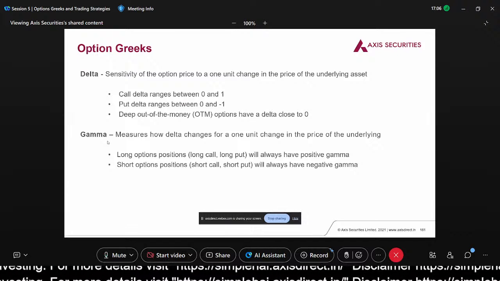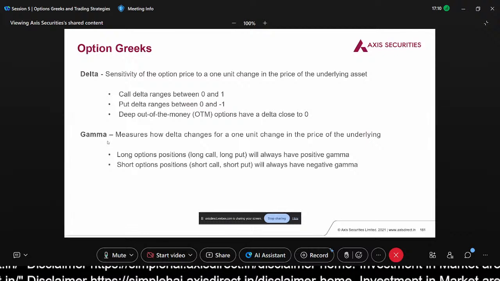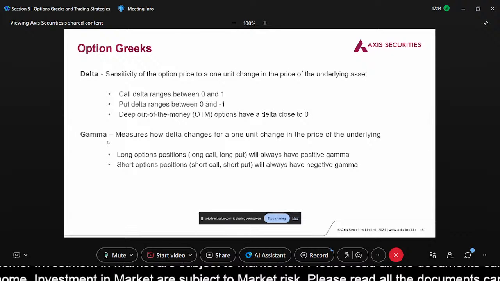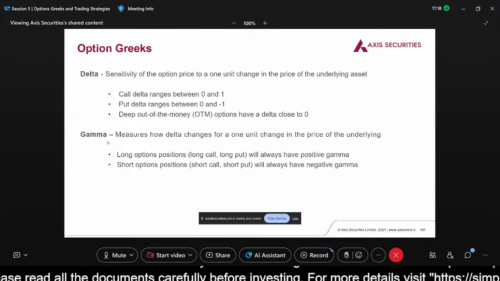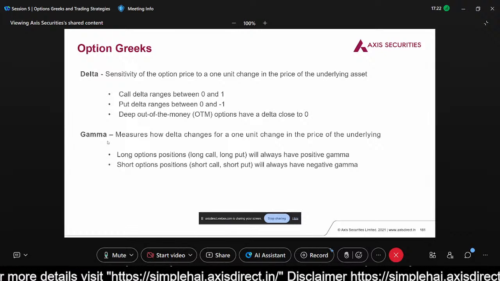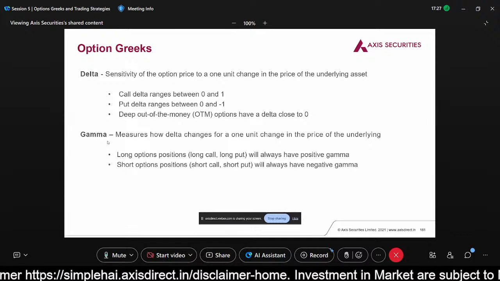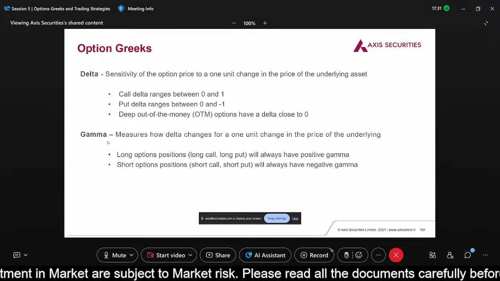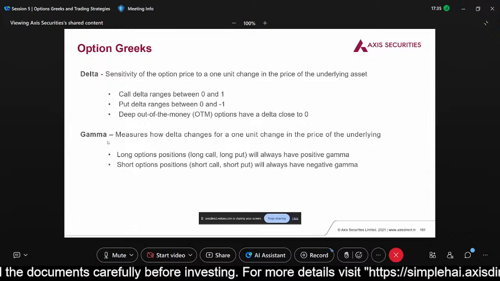You need to have a rough estimate as to how these Greeks are working, and that would put your trading and your returns much higher or slightly apart from the general uninformed people who just trade based on a hunch. Basically, who speculate by going long an OTM call or OTM put without understanding what the delta is, without understanding what is the probability of that particular option ending in the money, or all those things.